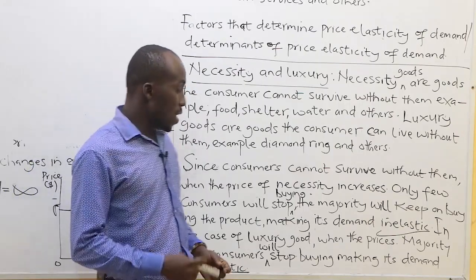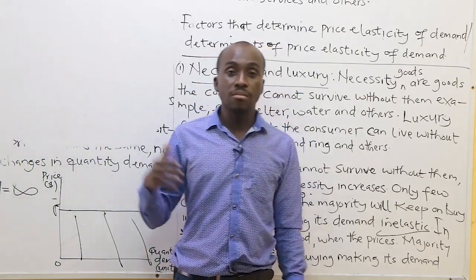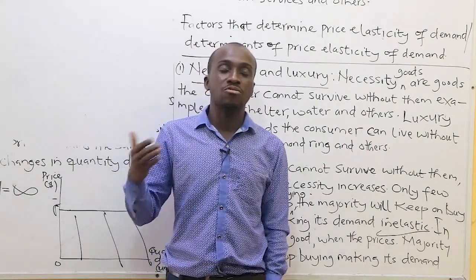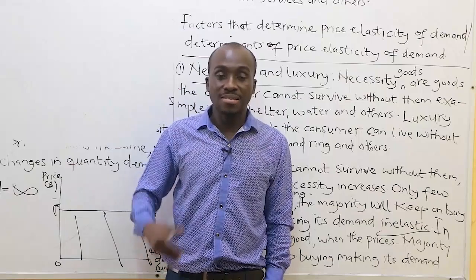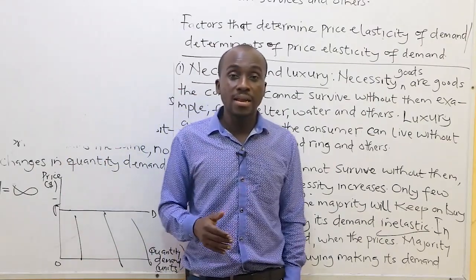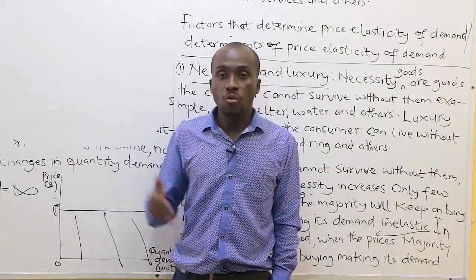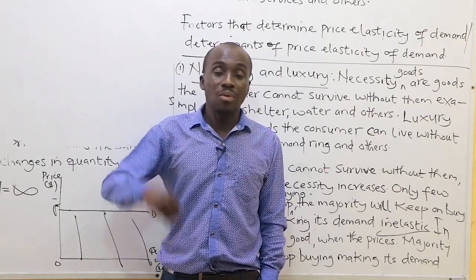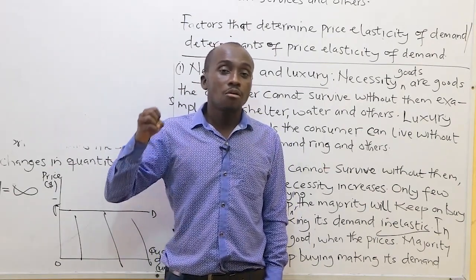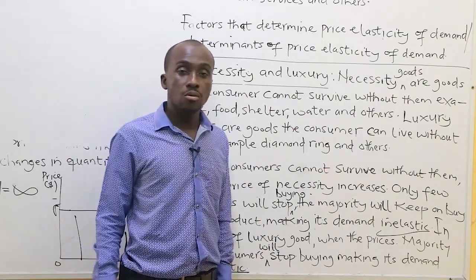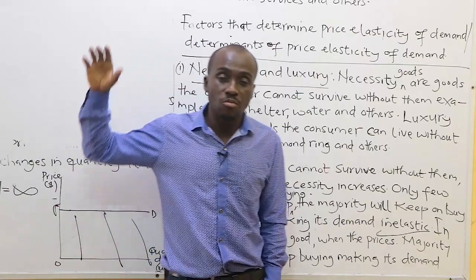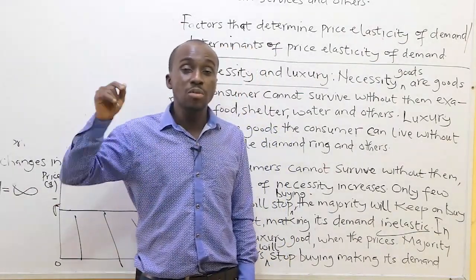Right? If a product is a luxury, it is a commodity I can do without. If the price is expensive, I'll just stop buying and maybe wait for another time, right? So when the product is a luxury and the price goes up, only few people keep buying, the rest stop buying.